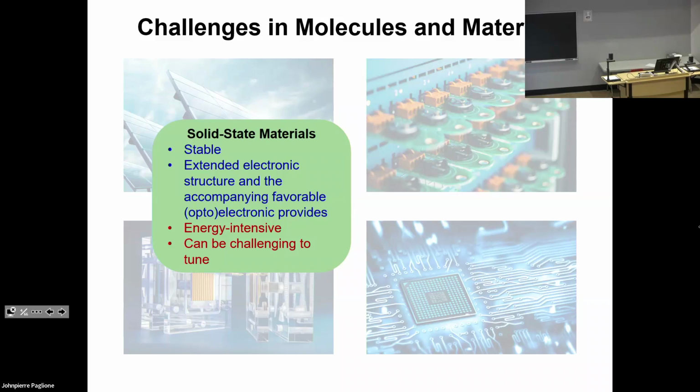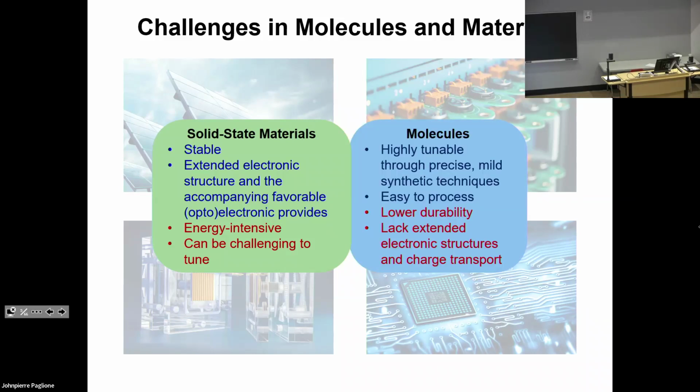But I would argue that they are pretty energy intensive to synthesize most of the time, especially if we're doing high temperature furnace-based syntheses. And they are relatively challenging to tune, at least relative to the degree of exquisite control that molecular chemists have. Organic and organometallic chemists can dial very specific atoms, architectures and stereochemistries into pretty complex molecules at this point.